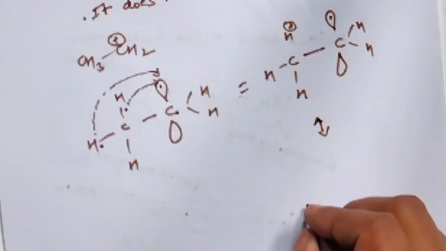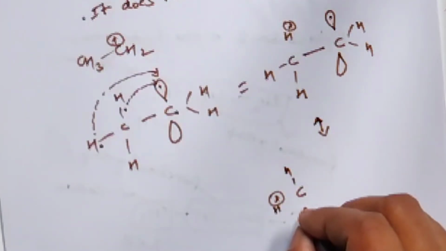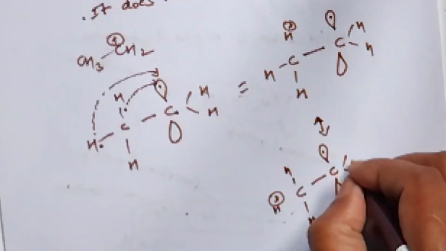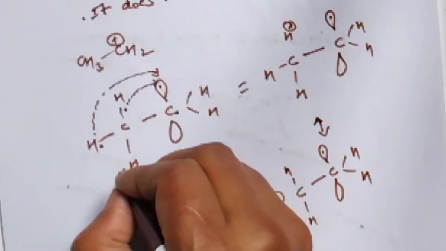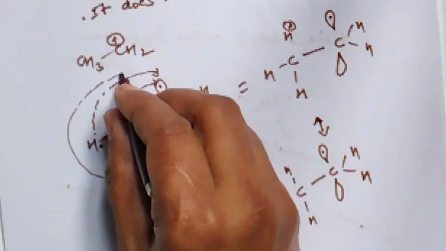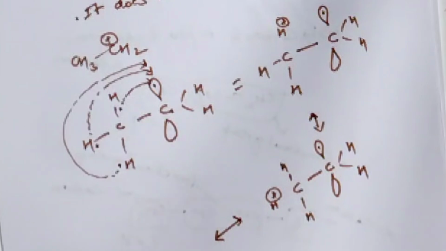We find a structure like this. This sigma electron transfers to this p orbital. We find a structure like this.